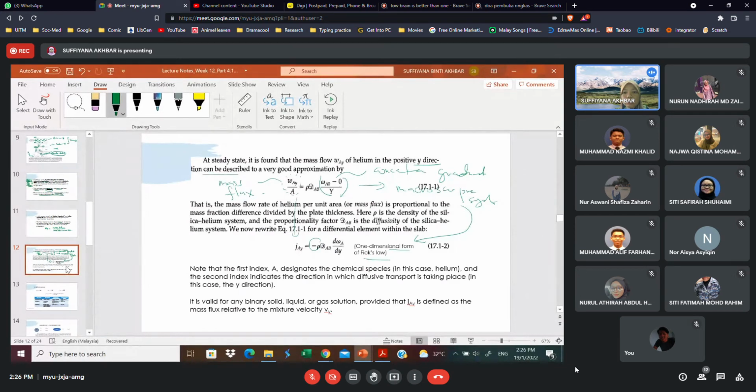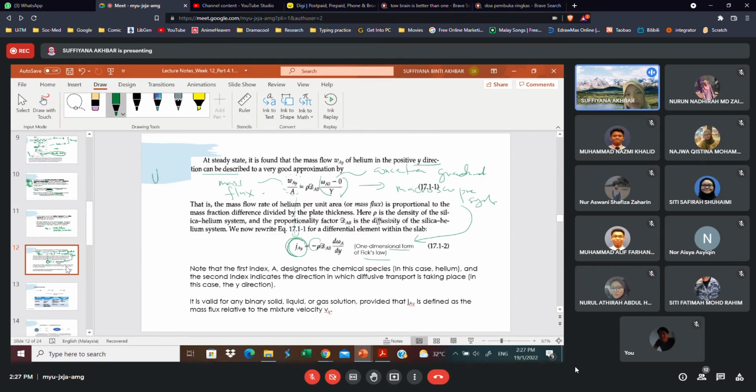Okay, so how to read this mass flux. A here is the atom, or compound, or substance. You can say an atom as well. So for example, I say A is the component A diffusing in the positive Y direction.